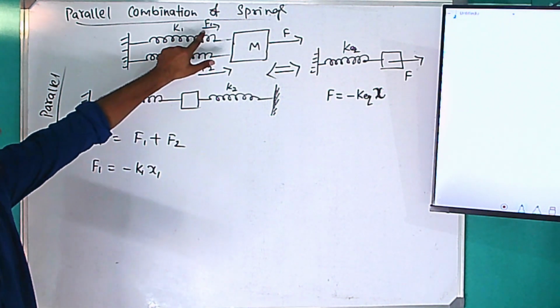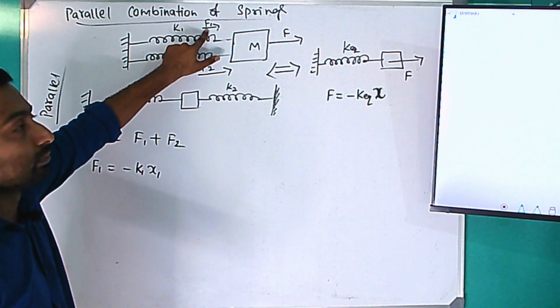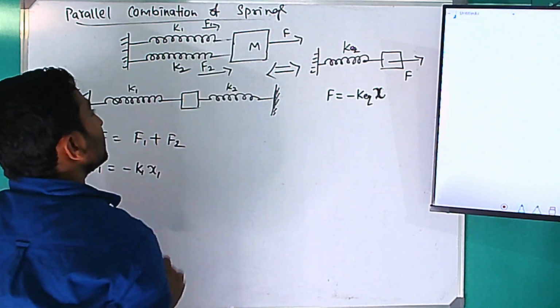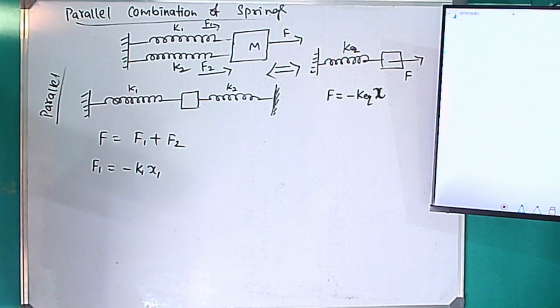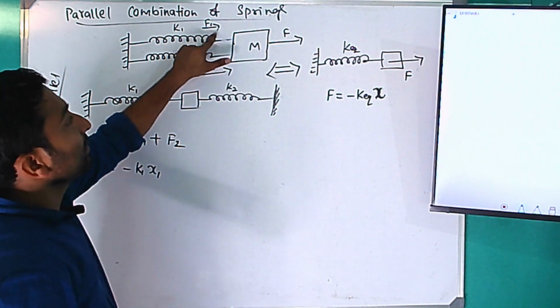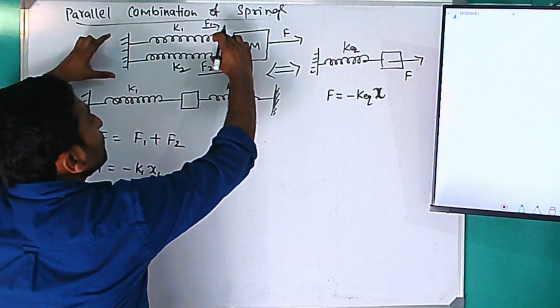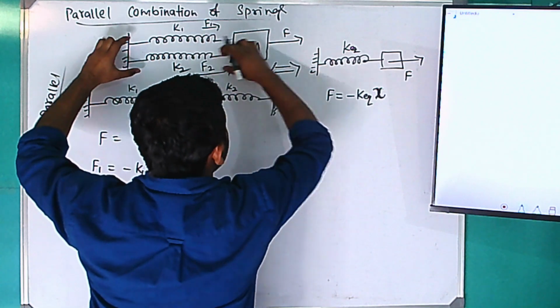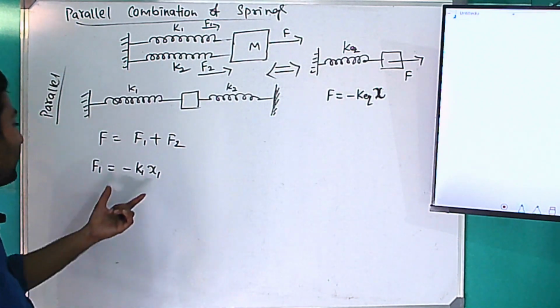Am I right? The force produced by this spring alone. Now whatever displacement this one has, the other must have the same displacement. So x1 is equal to x2, because the combination is parallel. However much this one stretches, this one must expand the same amount. So x should be the same.